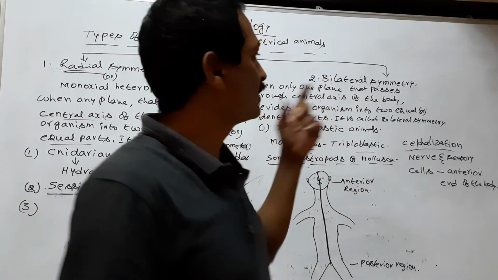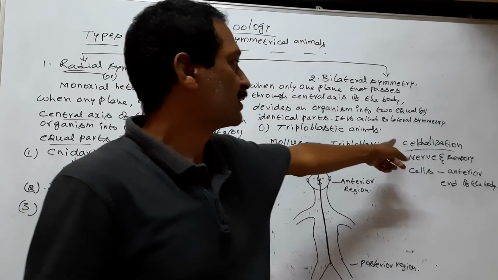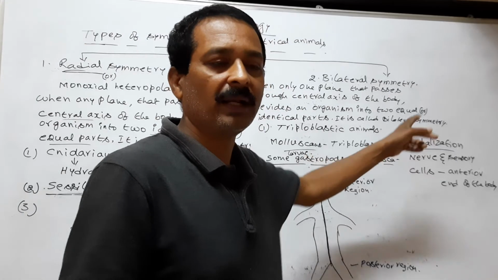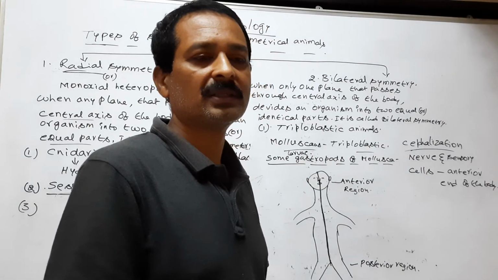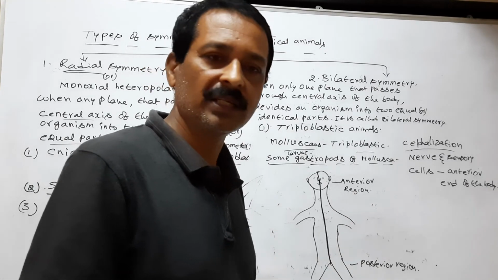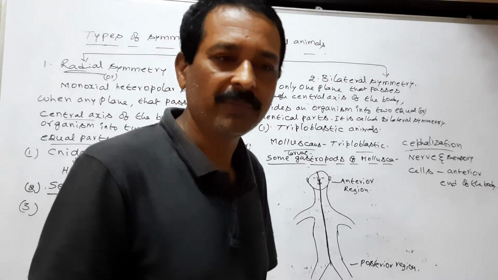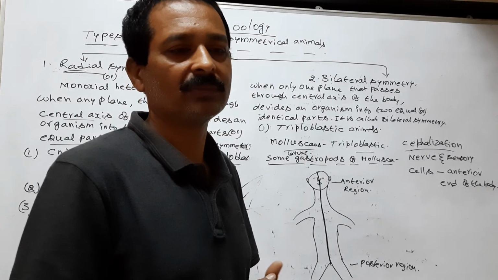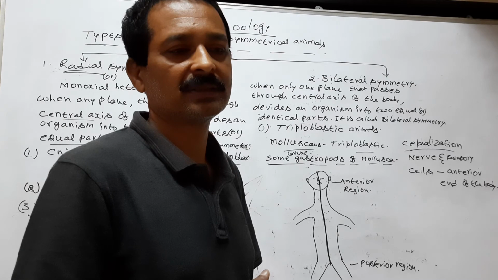Due to cephalization, bilaterally symmetrical animals are more efficient in seeking food, locating mates, and in avoiding or escaping from predators.